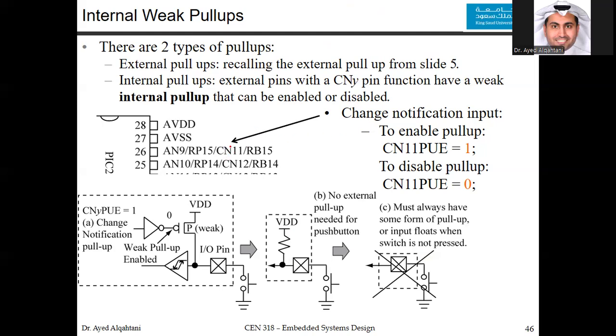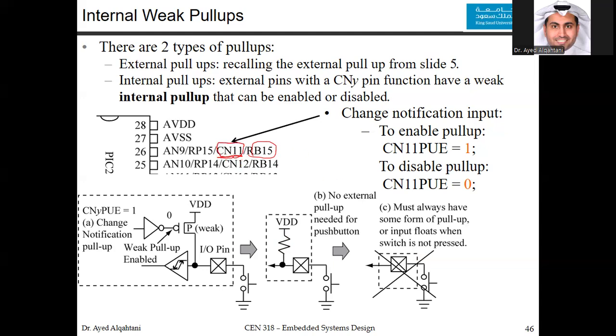However, the benefit of the change notification interrupt is going to be discussed later when we talk about the interrupt module. For now, we want to set up the pull-up, and we set it up by using this change notification pin. Now we work with RB15, for example, then we need to work with change notification 11.